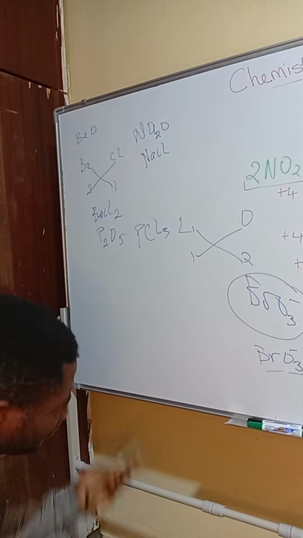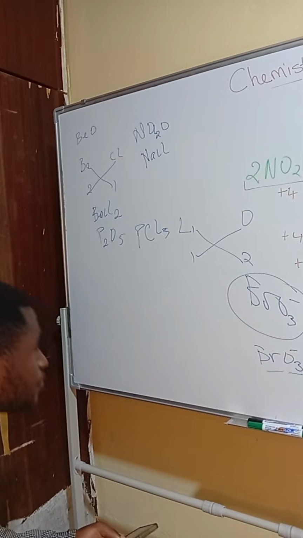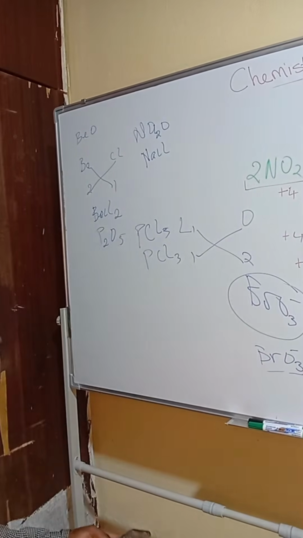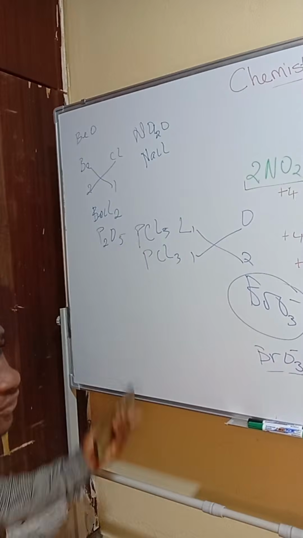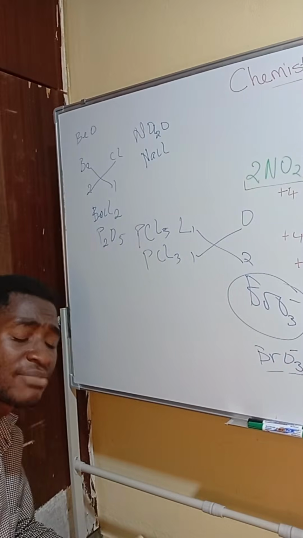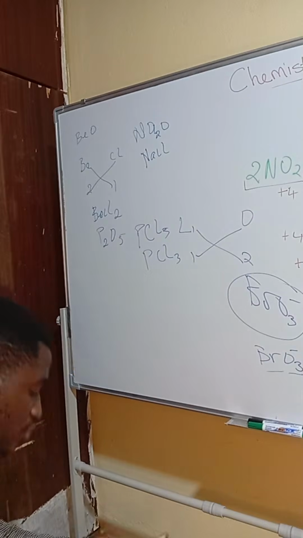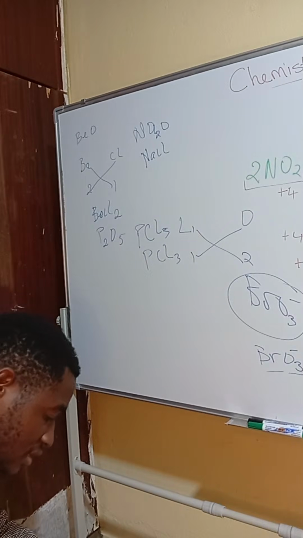Never forget it. This one is standard. We also have phosphorus trichloride. These are the chlorides for phosphorus. You can put any one there, they will still mark it correct. The essence is to know what you are doing in this case.